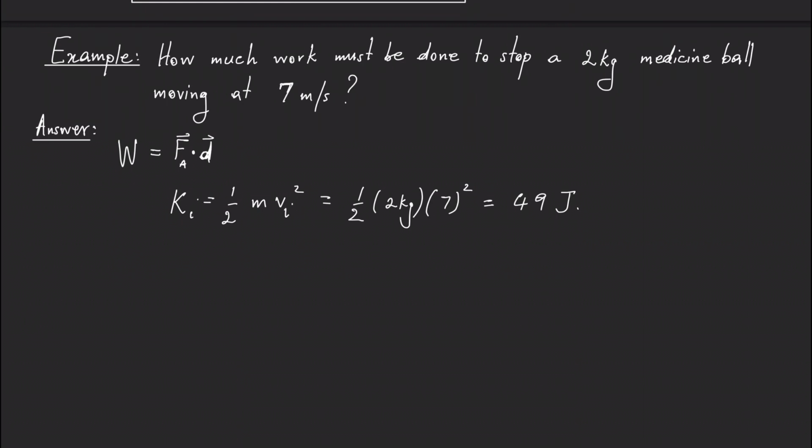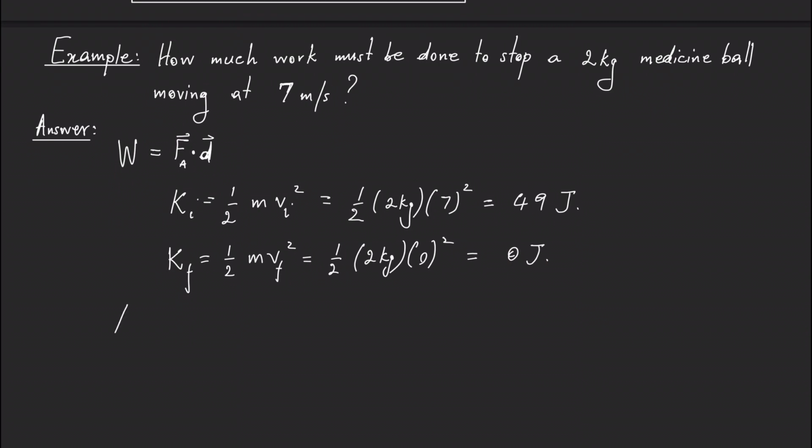But remember, we want to bring the ball to a standstill. We want the ball to come to a stop. So we want our final speed to be 0. So this means our kinetic energy is going to be half m v final squared, which essentially will become 2 kilograms for the mass and 0 for the speed, which means our final kinetic energy should be 0.